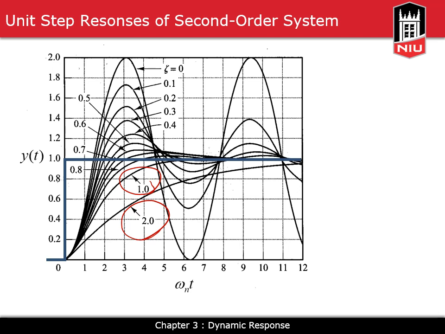The amplitude of the sinusoid will not decrease. So for the system to be stable, obviously we need a zeta greater than 0. Between 0 and 1 will create a response with some overshoot and oscillations. If zeta is greater than 1, no overshoot will be seen.